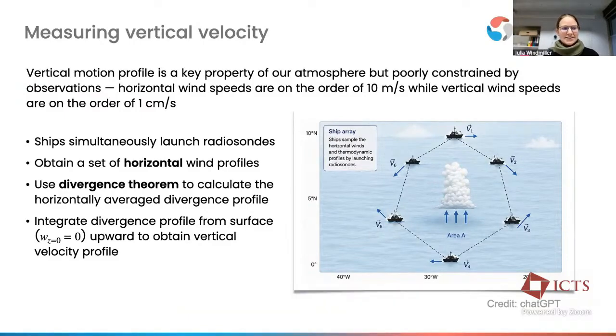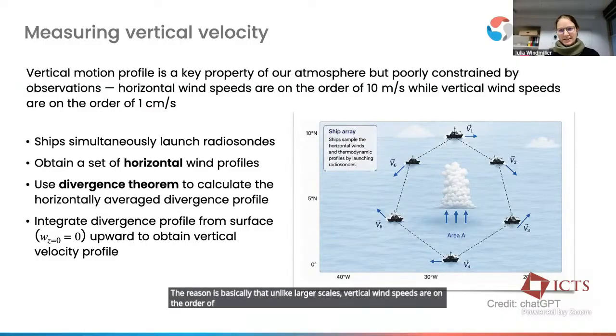So why is measuring vertical velocity so problematic? The reason is that on larger scales, vertical wind speeds are on the order of centimeters per second. We saw that before, but horizontal wind speeds are on the order of, say, 10 meters per second. So there are orders of magnitude between these two wind speeds.